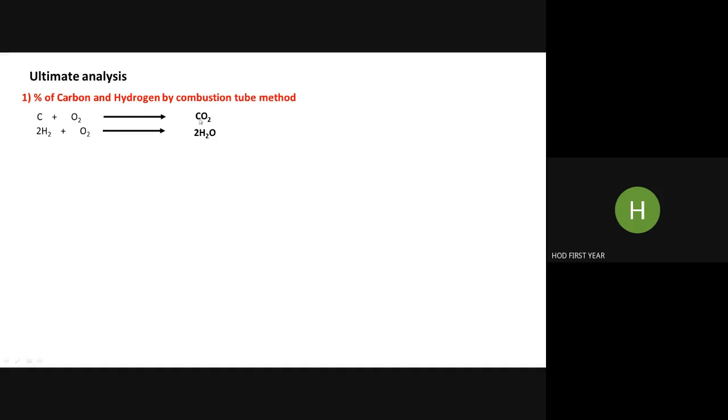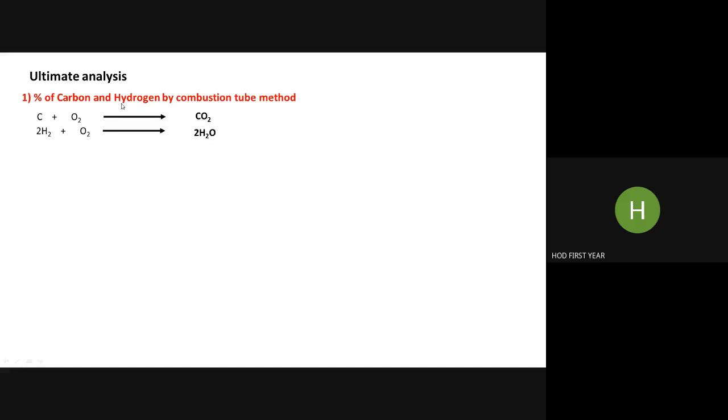So if we determine amount of CO2 produced, that CO2 amount can be expressed in terms of percentage of carbon. See, we are interested in percentage of carbon and hydrogen in coal. Okay, so directly we cannot determine by looking at the coal or any other method.